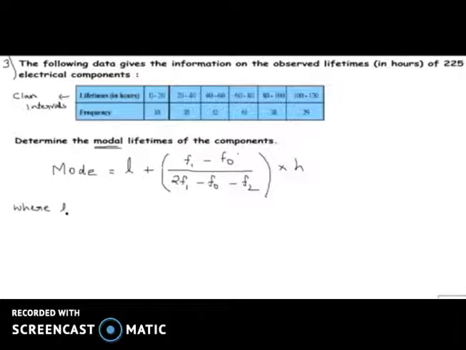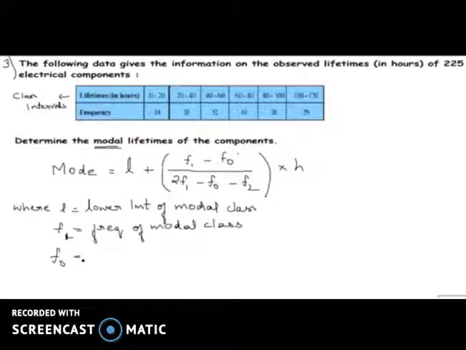Here L is the lower limit of the modal class, that is the class with the highest frequency.